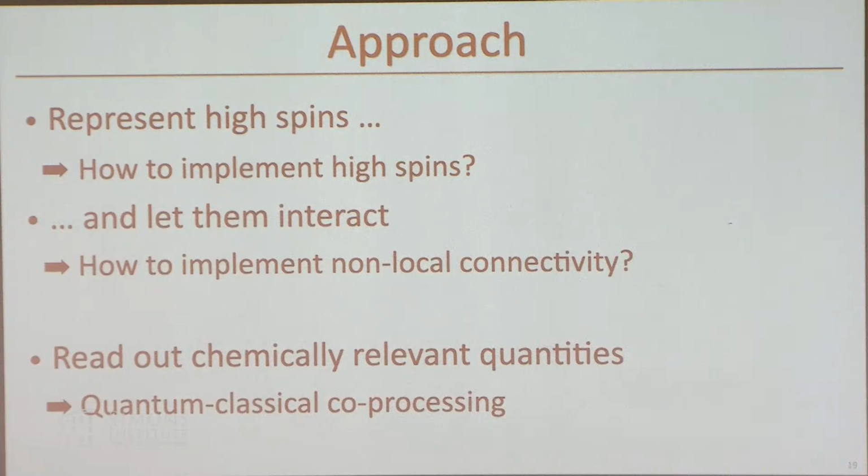Let me already tell you that going back to the quantum chemists and saying we can now find the ground state is not good enough. They care about much more than that. I will spend the rest of the talk giving you an overview of these three problems and how we solve them.